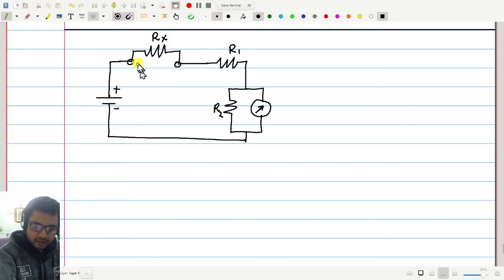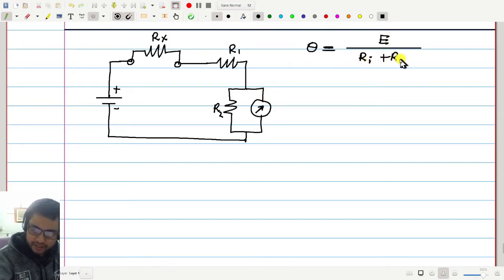Now, the reading of the meter or deflection of the meter theta is given by the current that will flow through the meter, which is E divided by Ri plus Rx, multiplied by some constant. E is also constant, so let me just write a constant k divided by Ri plus Rx. This is the meter reading.